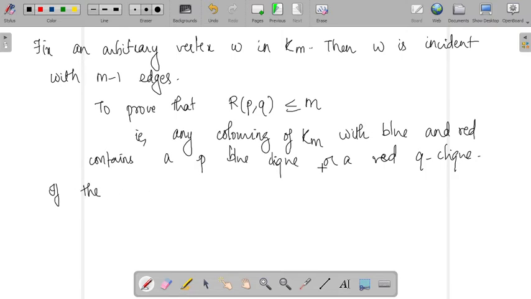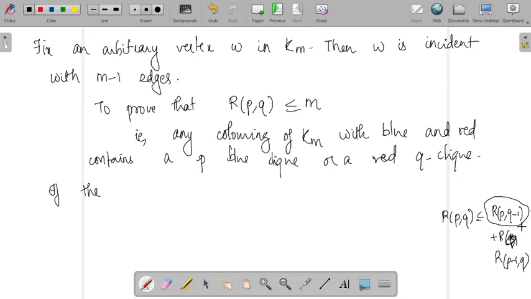And now let us use the previous theorem. The previous theorem we proved: R of P, Q is less than or equal to R of P, Q minus 1 plus R of P minus 1, Q. So if the number of blue edges is greater than or equal to R of P, Q minus 1, such a graph will contain either a P clique or a Q clique. Similarly, if the number of red edges is greater than or equal to R of P minus 1, Q, such a graph will contain either a P clique or a Q clique. So in both these cases, when you have R of P, Q minus 1 blue edges or R of P minus 1, Q red edges, the graph will contain either a P clique or a Q clique. The clique we need will be inside.